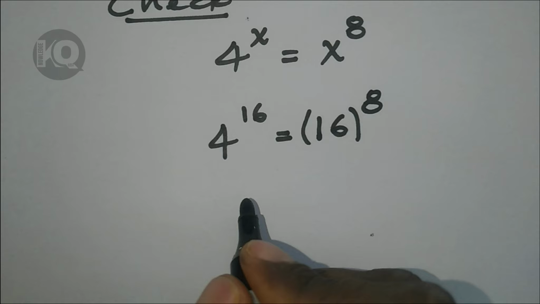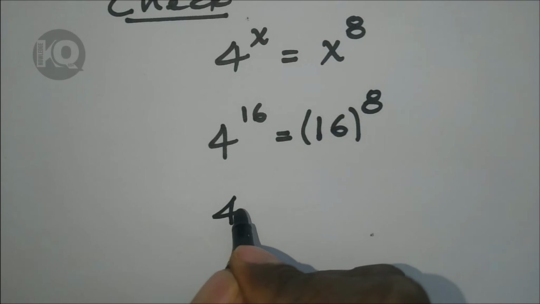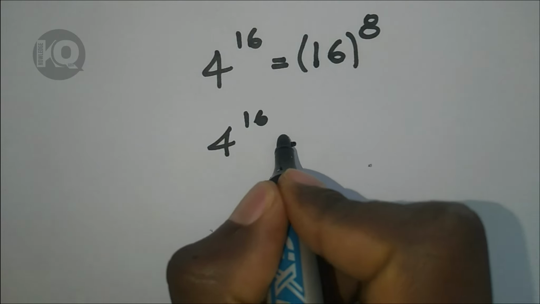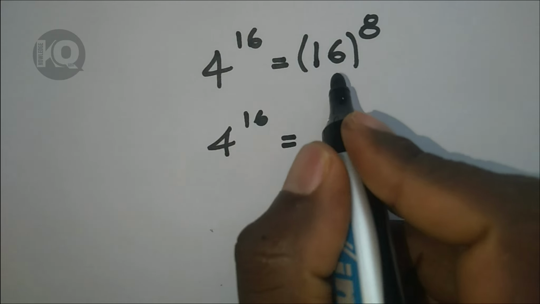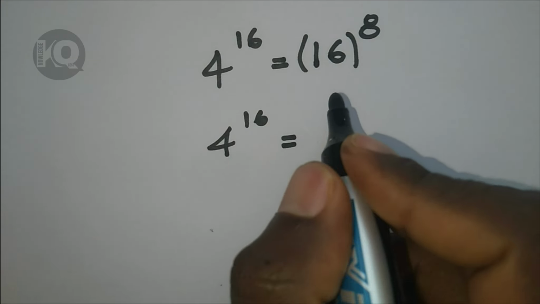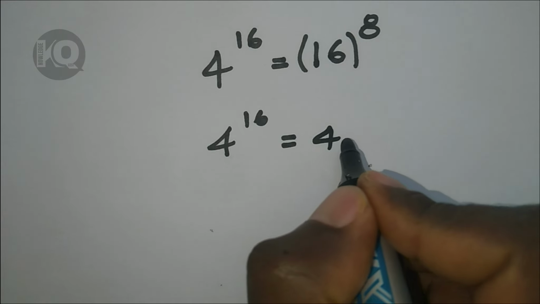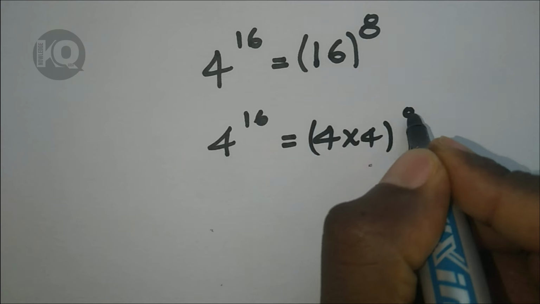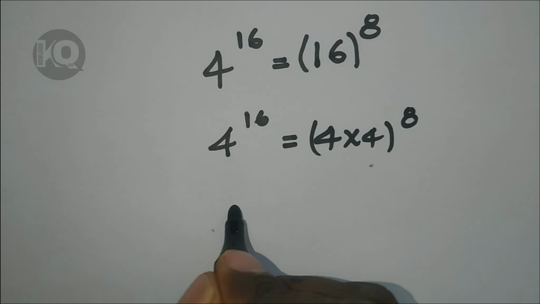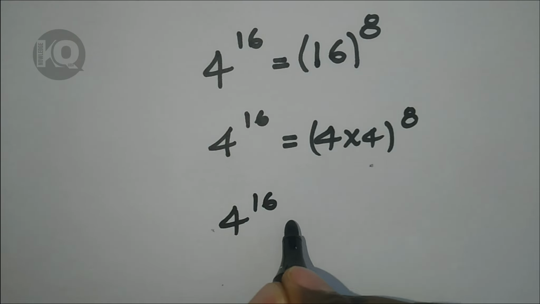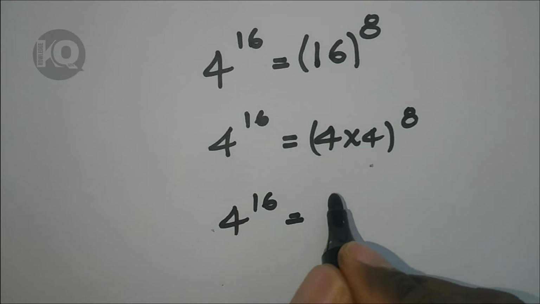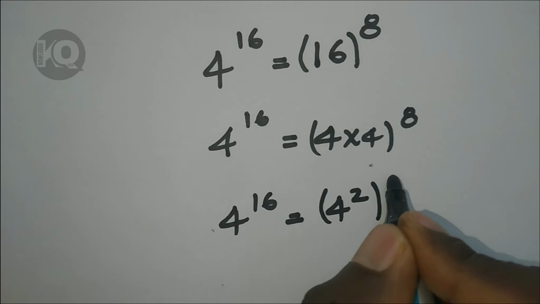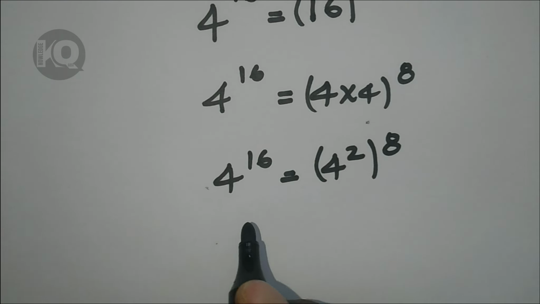So we can write this as 4 to the power of 16, which equals, 16 can be expanded as 4 times 4, to the power of 8. So 4 to the power of 16 equals 4 squared to the power of 8.